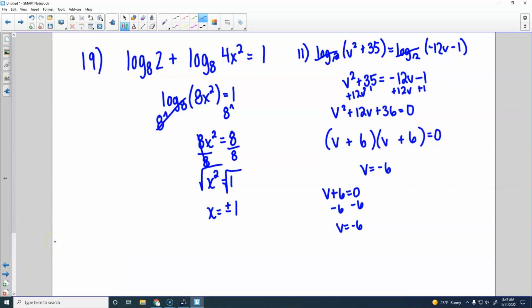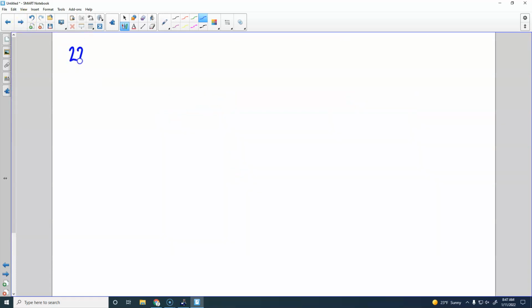Alright, other ones. Okay, which one, Brian? Yes. Alright, so for 22, we've got log base 5 of 6 plus log base 5 of 2x squared equals log base 5 of 48.